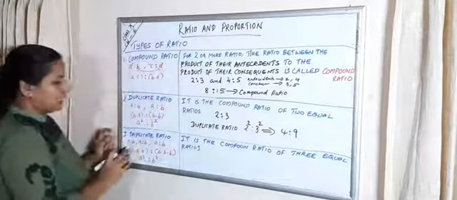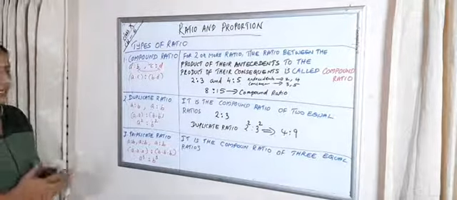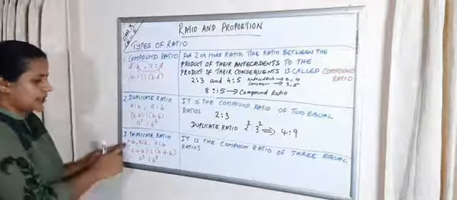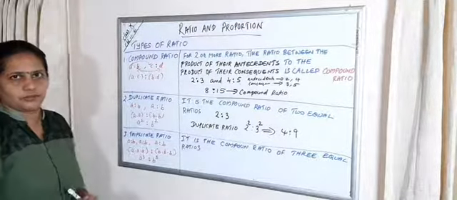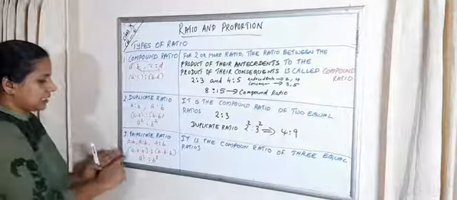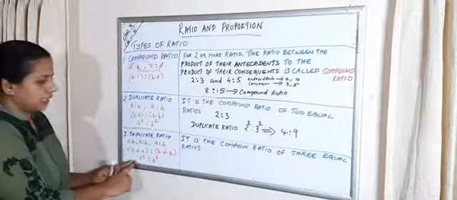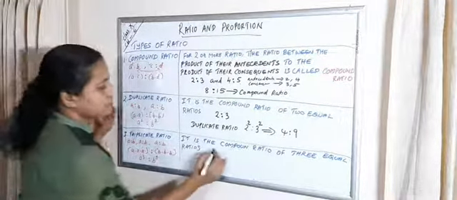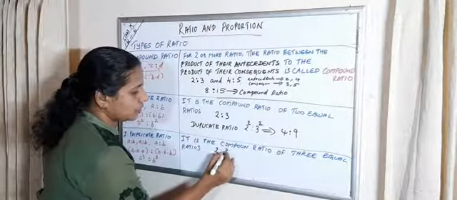Okay, then next one, triplicate ratio. Triplicate ratio means we are taking 3 equal ratios, that is A is to B, A is to B, A is to B, and taking their antecedents and making it cube. That is A cube is to B cube. Here I am taking the same example, 2 is to 3.